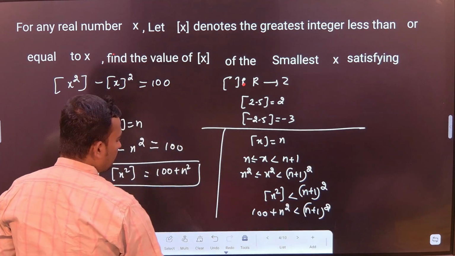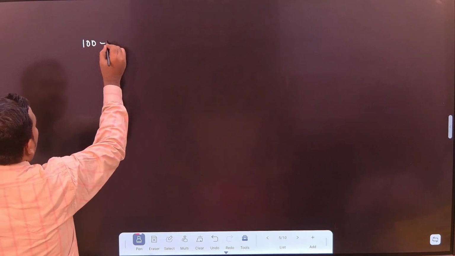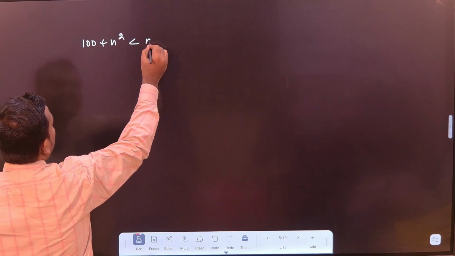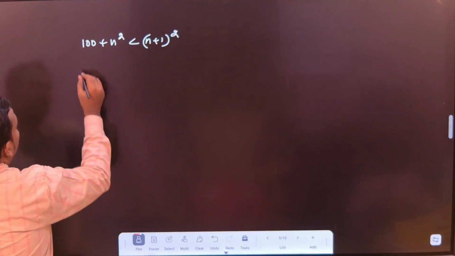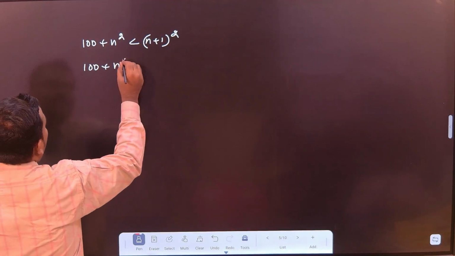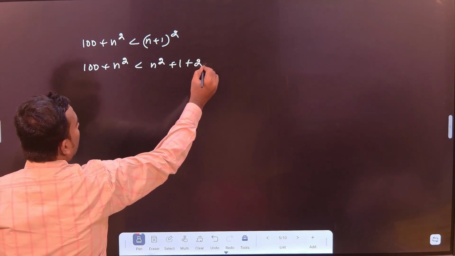Let me take another page. 100 plus n square is less than n plus 1 whole square. Clear? You can simplify this. 100 plus n square is less than the expansion n square plus 1 plus 2n.